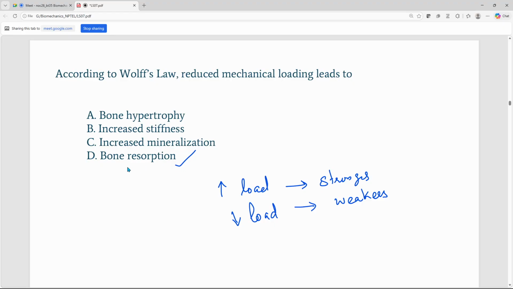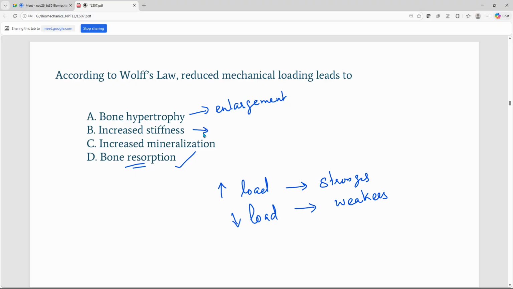So simply, bone resorption is called bone loss, and bone hypertrophy is called enlargement. The enlargement of bone is known as bone hypertrophy. Increased stiffness is actually due to high mineral content. In old age, the mineral content in the bone will increase, and that will cause increased stiffness.